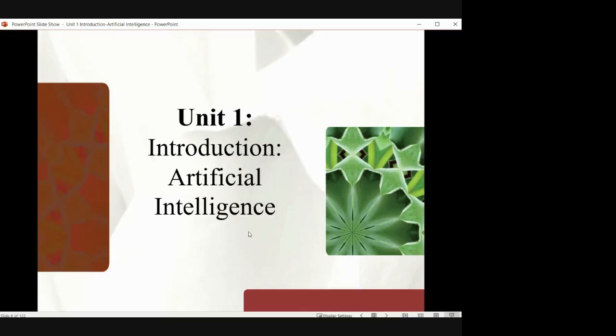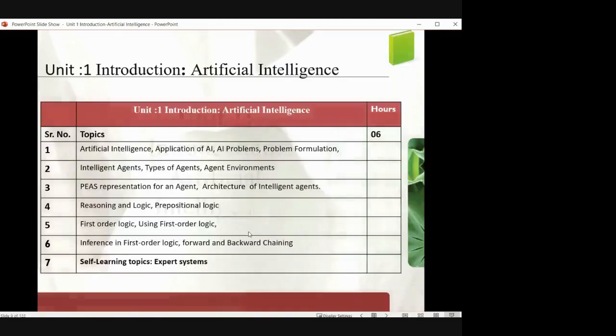Now we will start with the first chapter, that is Introduction to Artificial Intelligence. In this particular chapter, we will cover these topics: AI, applications of AI, problems, problem formulation, intelligent agent, types of intelligent agent, environment, ठीक है, then environment representation for agent, architecture, reasoning and logic.